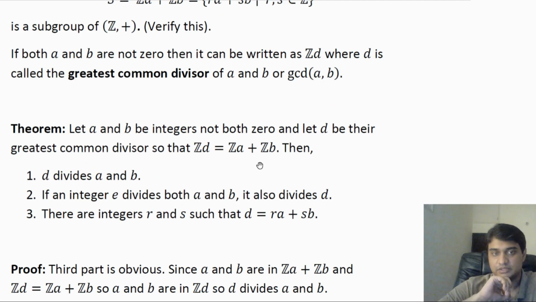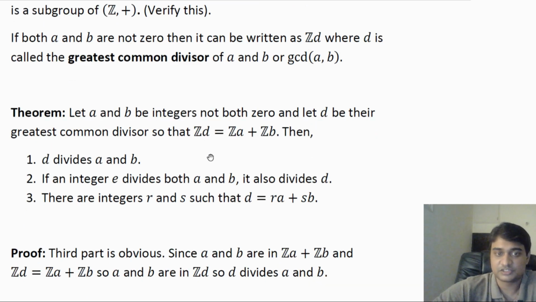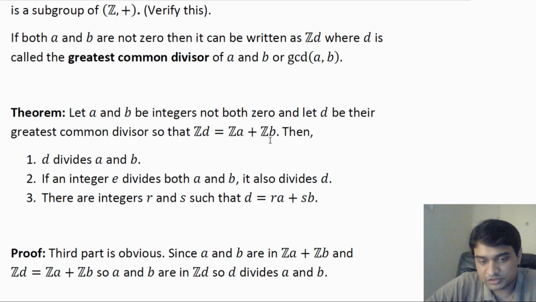ZA plus ZB is a subgroup, and since A and B are not both zero, it is not a trivial subgroup, and it equals ZD for some integer D. By definition it is the greatest common divisor, the smallest element of the group ZA plus ZB.